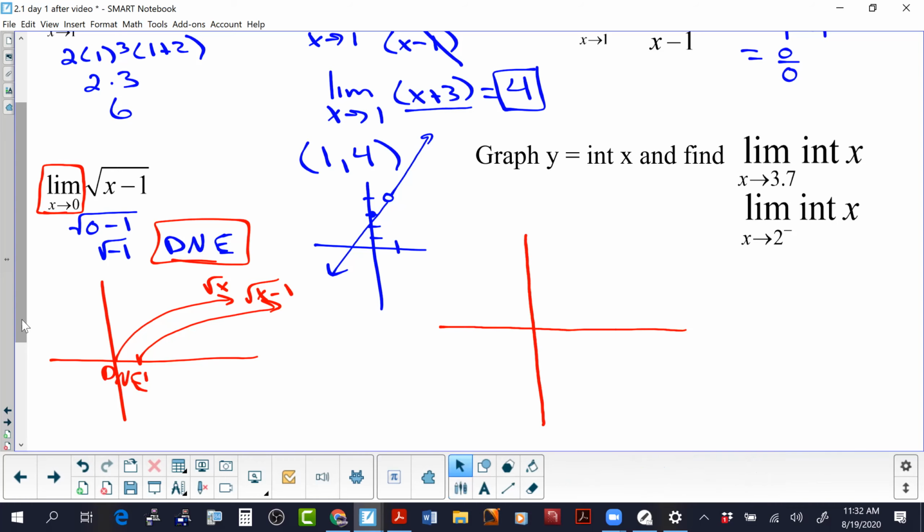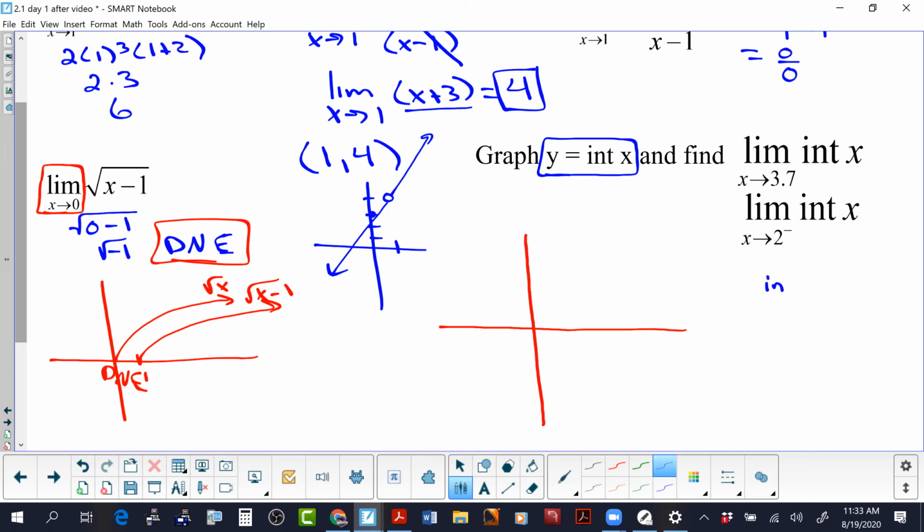You don't have to do this for your homework for the greatest integer function either. However, I think this really shows you what's going on, especially on your one-sided limits. You might want to have this graph handy. Greatest integer function means the biggest integer not bigger than the one you're evaluating.